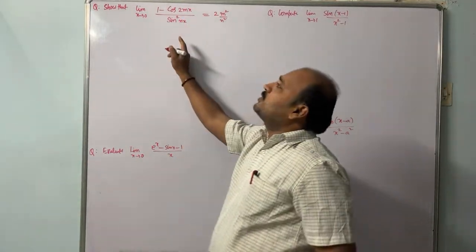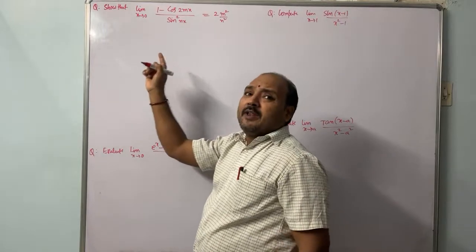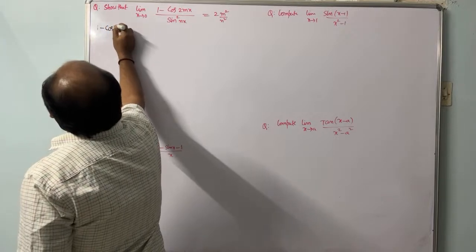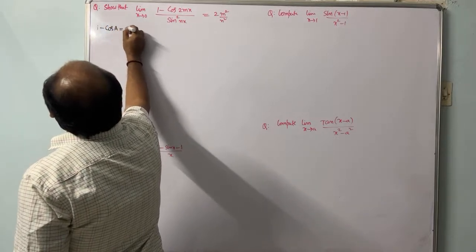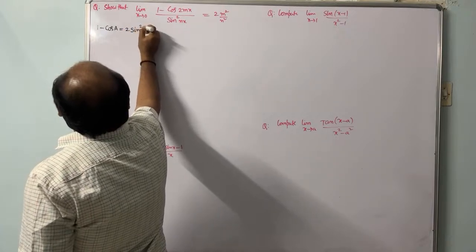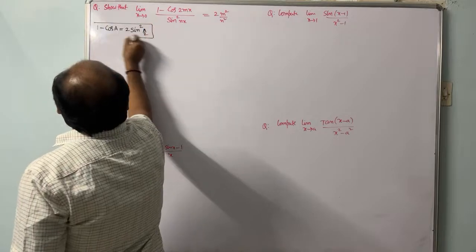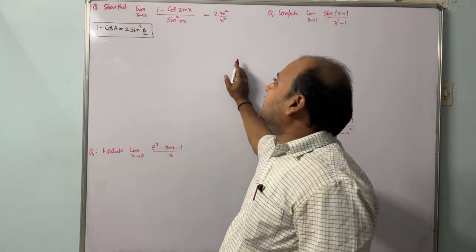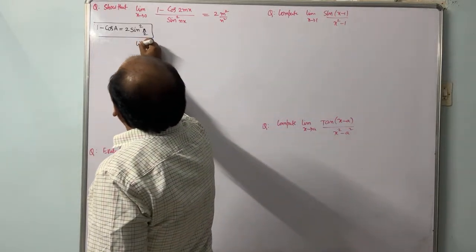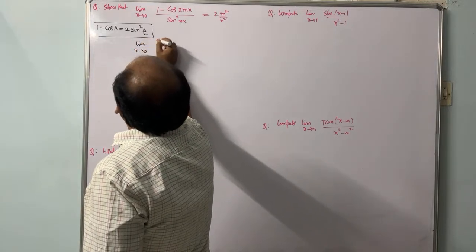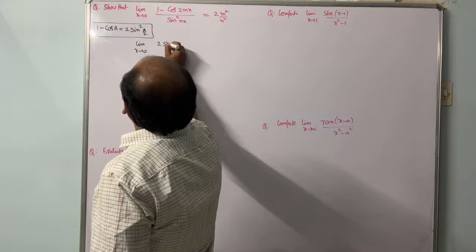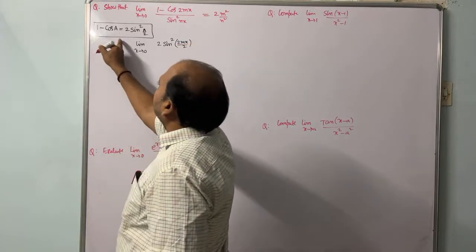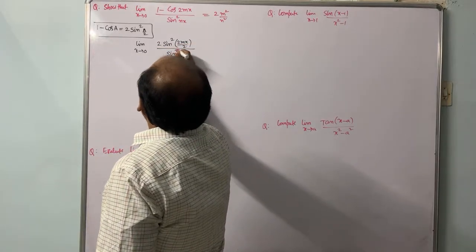First, x is equal to 0 substitute means it comes 0 by 0 form, but here trigonometry is there. So trigonometry functions are there means first we need to apply some formulas. 1 minus cos a is 2 sin square a by 2. So in the numerator, if you observe, limit x tends to 0, 1 minus cos 2mx is there. So we can write it as limit x tends to 0, 1 minus cos 2mx can be written as 2 sin square 2mx by 2, by using this formula, by sin square nx.